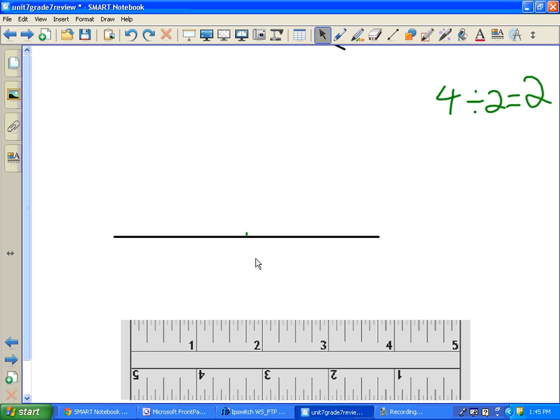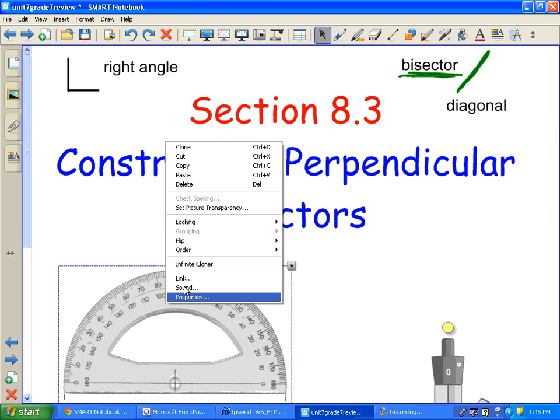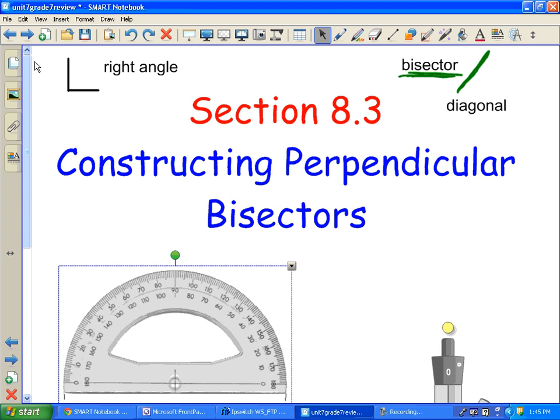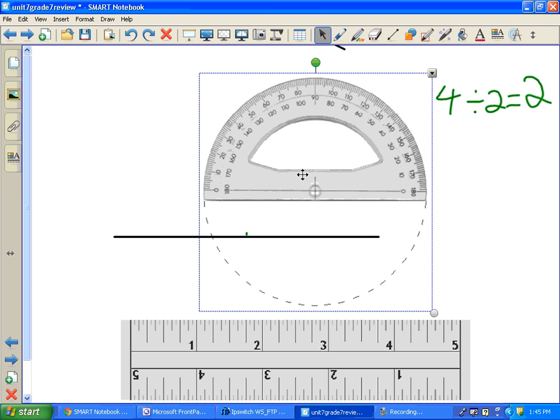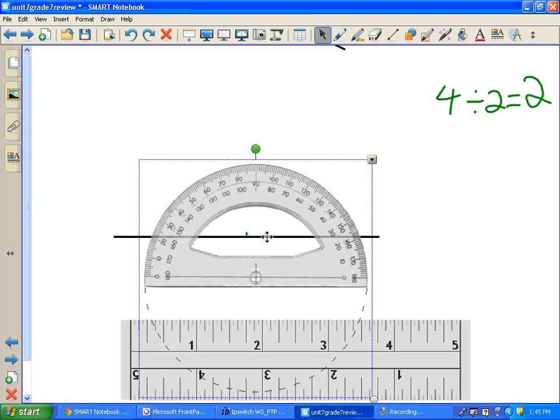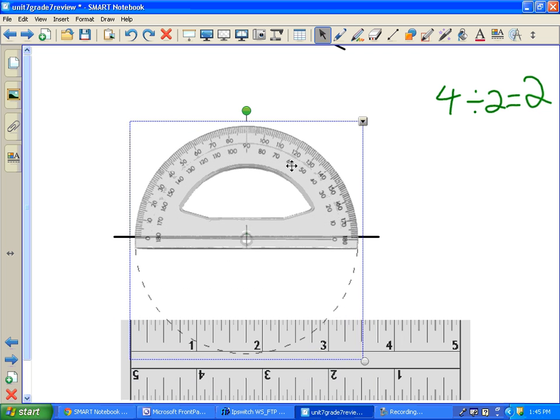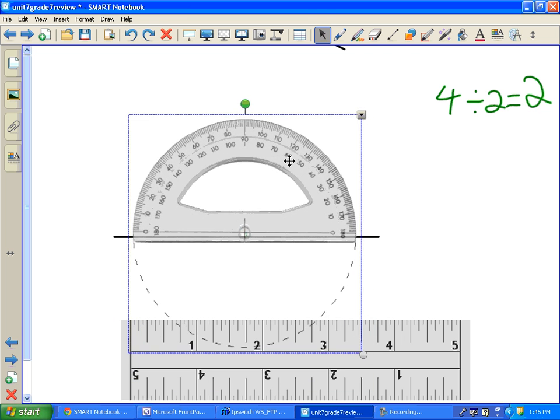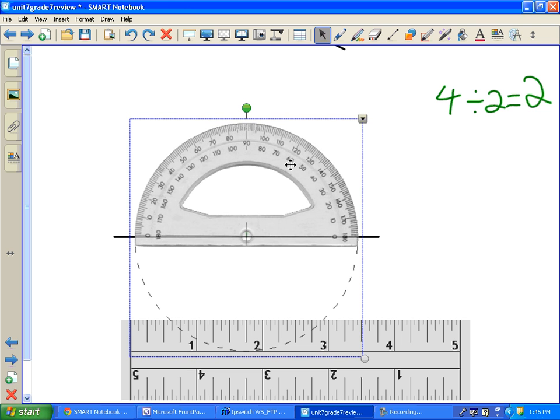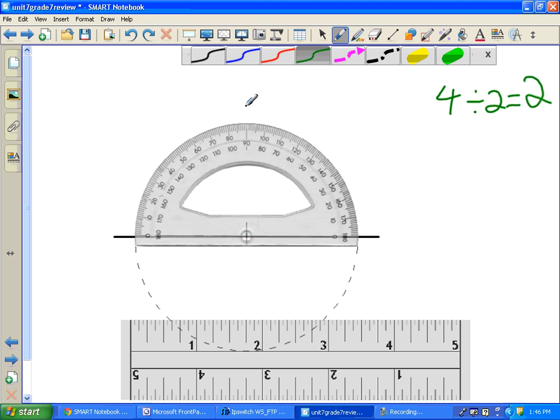Now the only thing I need to do now in order to bisect it and make it perpendicular is to take something that I've used already a few times, and that is my protractor. And I'm going to go right down on my dot here, and I'm going to make sure that this is right centered on my dot and the line is on the line. Now the only thing left to do, of course, is to put a little dot right here where 90 degrees is. Done.